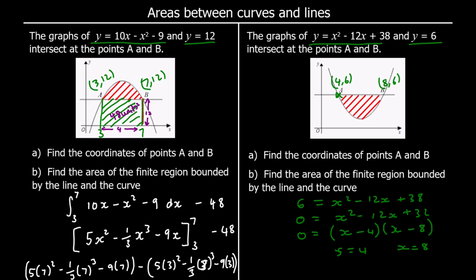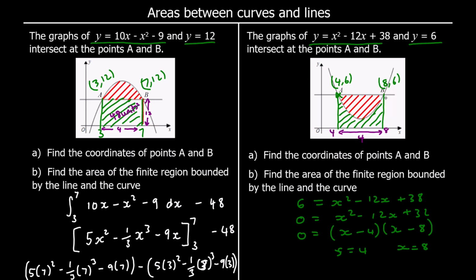This question's a bit different. If we find the area under the curve this time, the area under the curve plus the area between the curve and the line are going to add up to make this rectangle. And the rectangle goes between 4 and 8, so it's 4 wide.